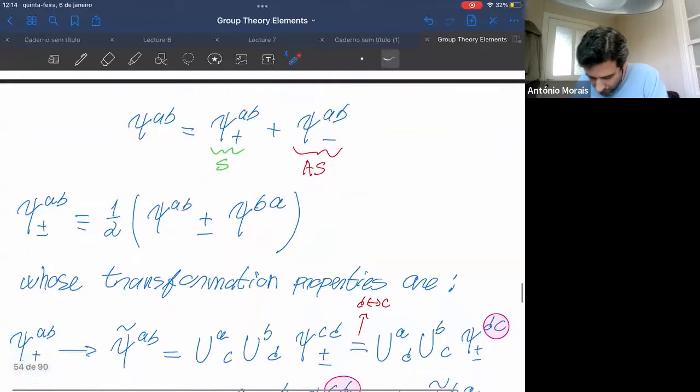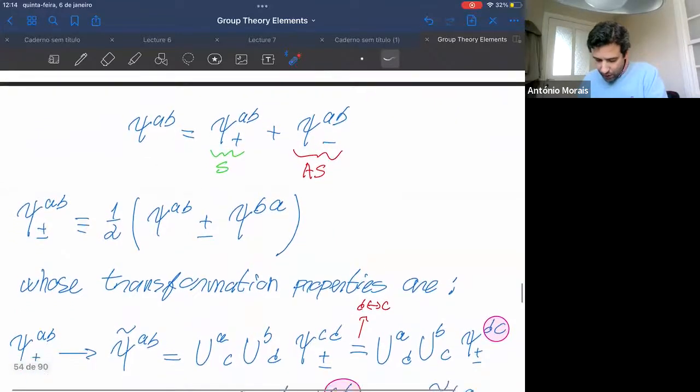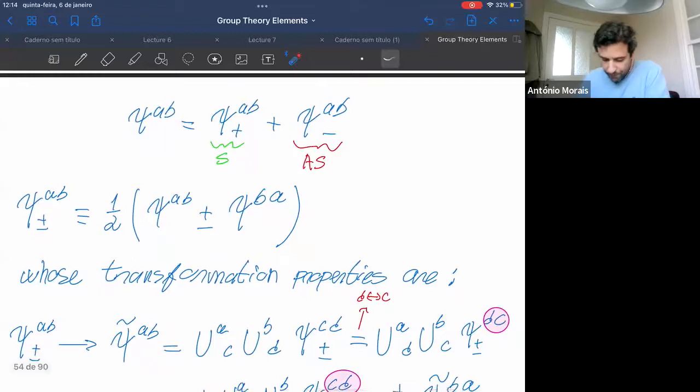Now let's look at the transformation properties, because there is an important result here. We have this psi AB, the plus or minus, which goes to a certain psi, which we are calling tilde here. And you know how it transforms. You can put a U_AC, U_BD, psi_DC, plus or minus.